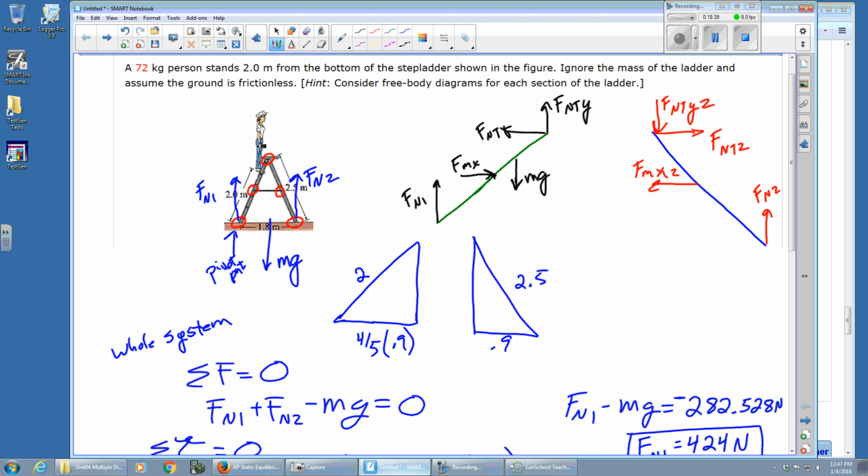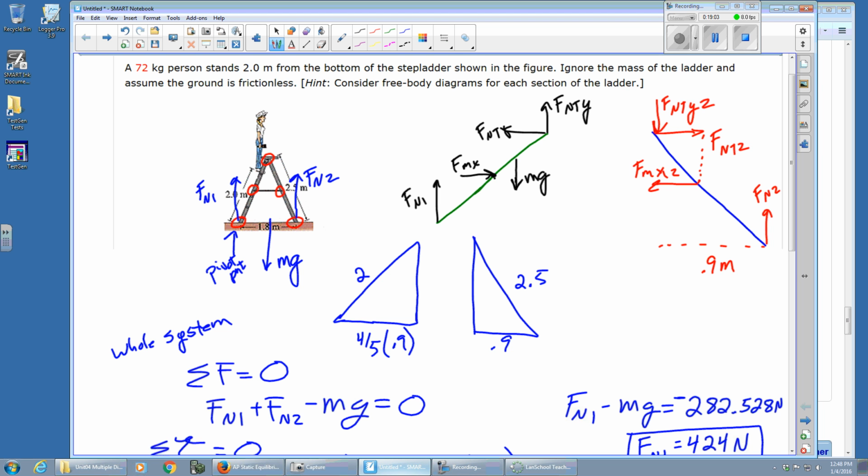I'm going to choose to do the part of the lever arm. So what I need to do is find this distance here and this distance here, because those are my two lever arms. Well, this one's easy. This is 0.9 meters. They gave me that one, right?